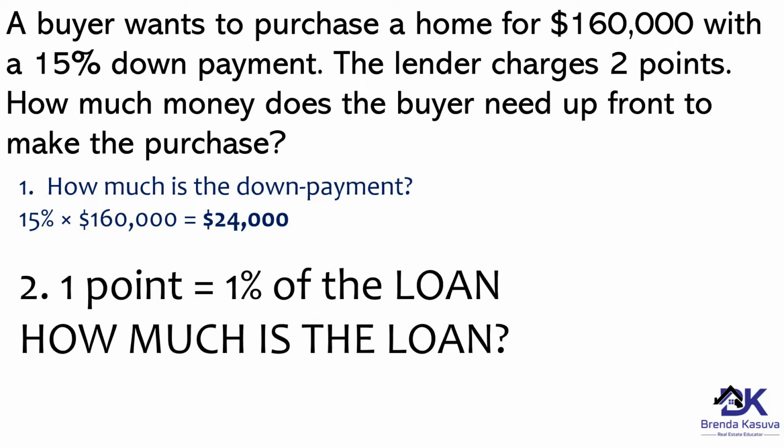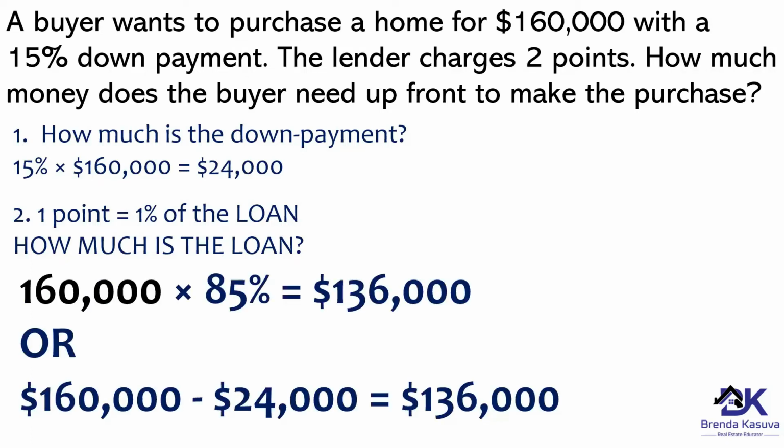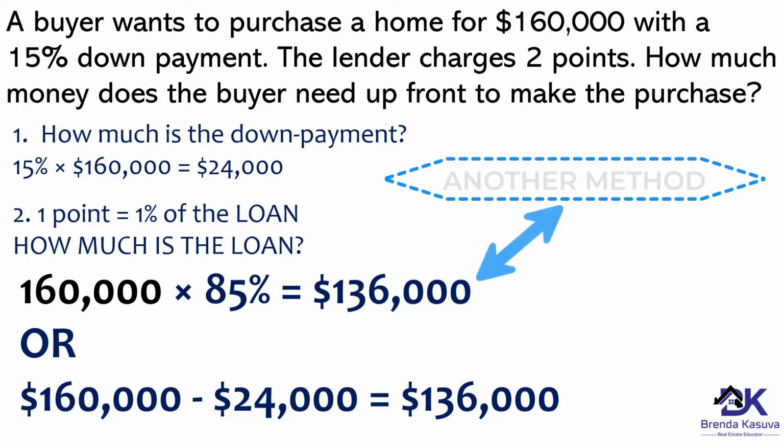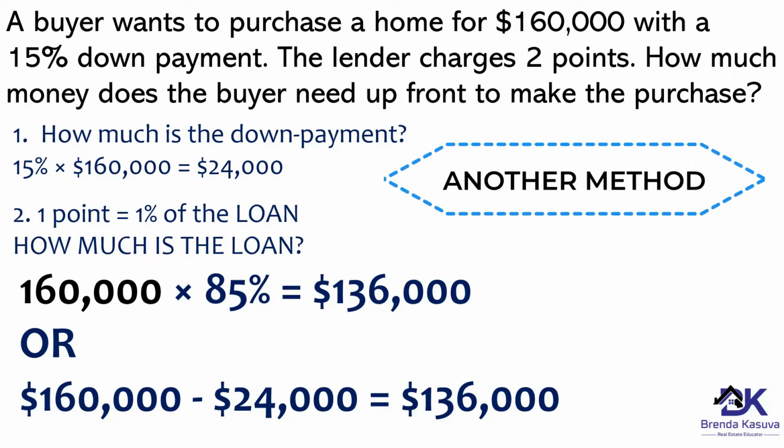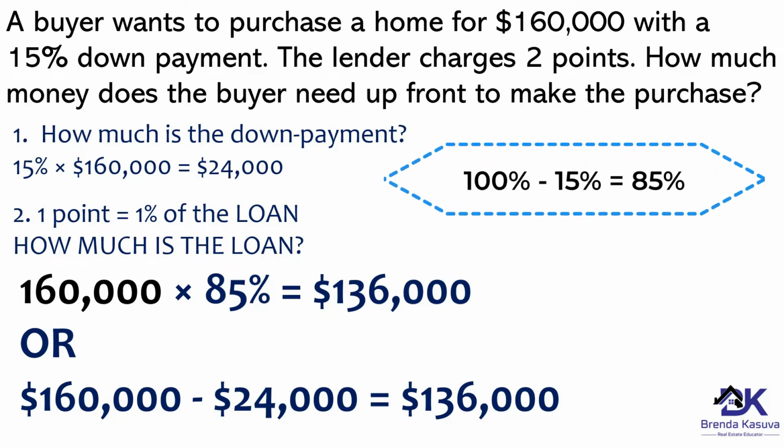I am going to take out the $24,000 from $160,000 to give me $136,000. Another possible way to come up with the same answer is 100%, take out 15%, because that is money that I have.